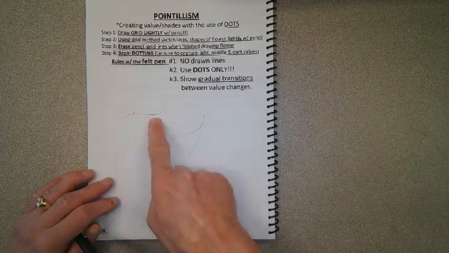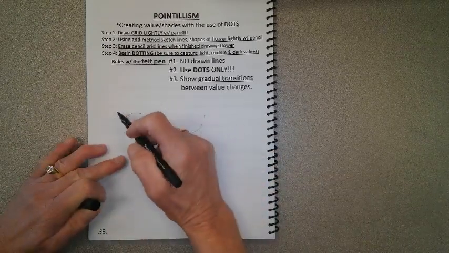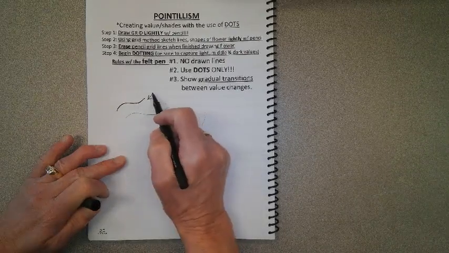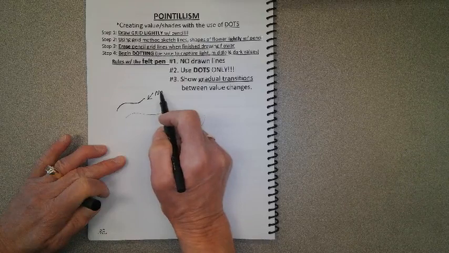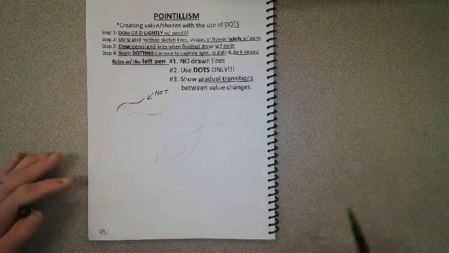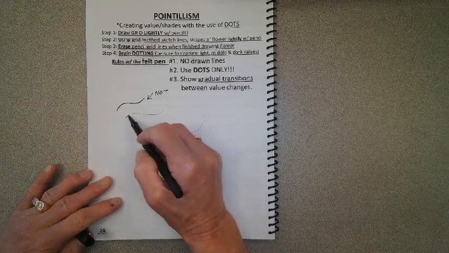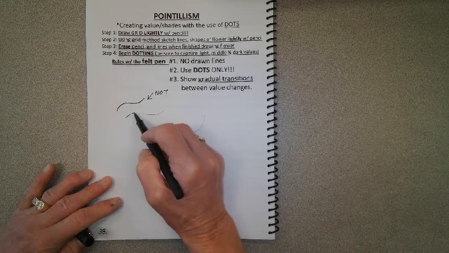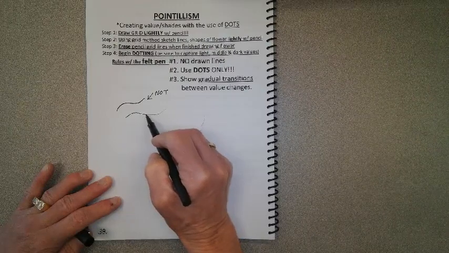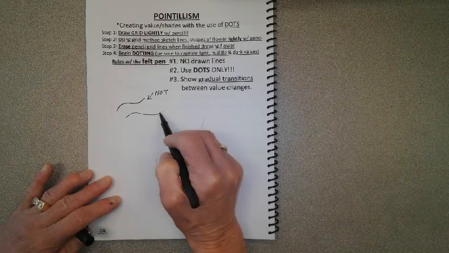So if I want a line, what I am not going to do is this. This is a not do. But instead, if you want a line in pointillism, you are going to dot it. So you're simply going to take your felt pen and do fine little dots over your pencil line.